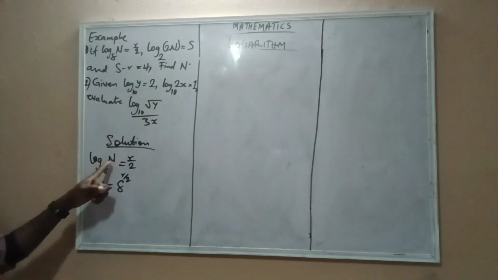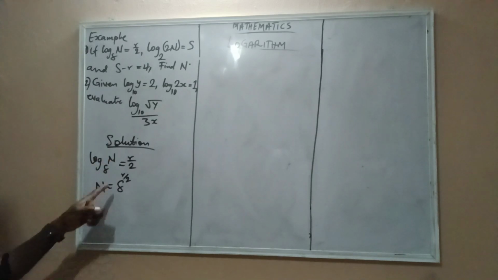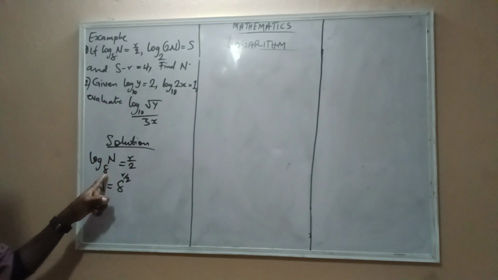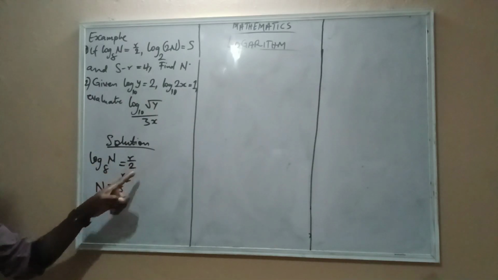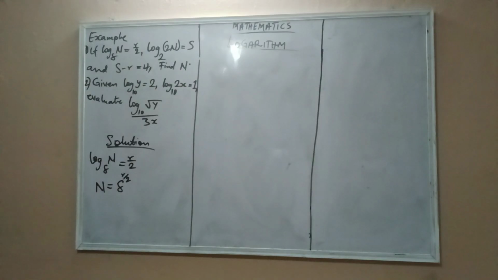The logarithm of a number is the power to which the base will be raised to give that number. If log to the base 8 of n equals this, that means n equals 8 to the power of r over 2.